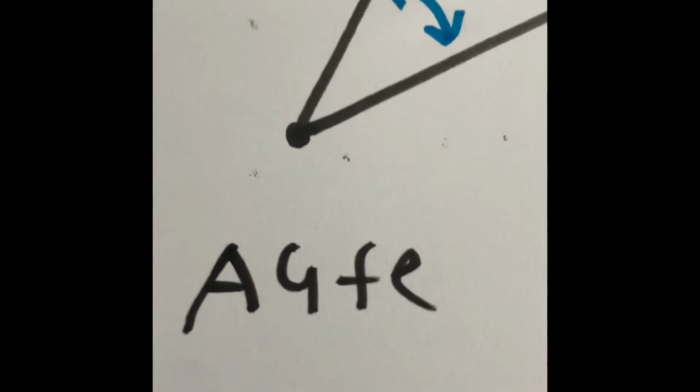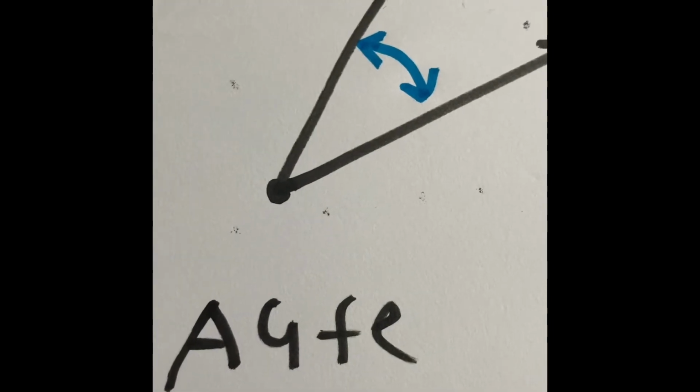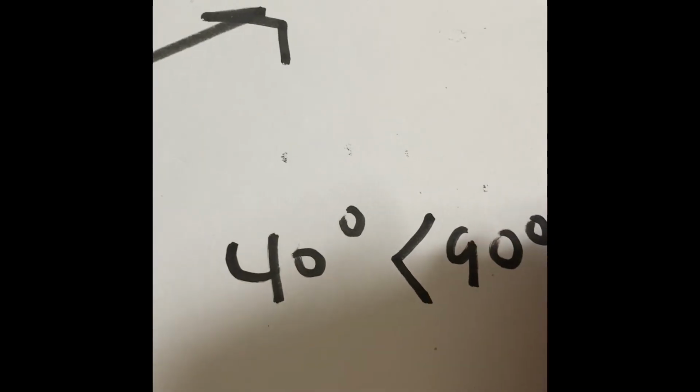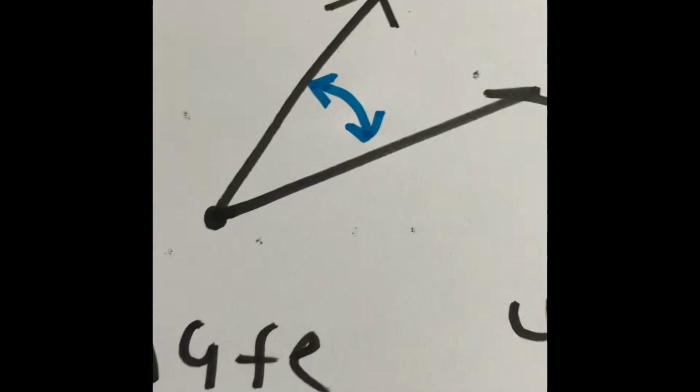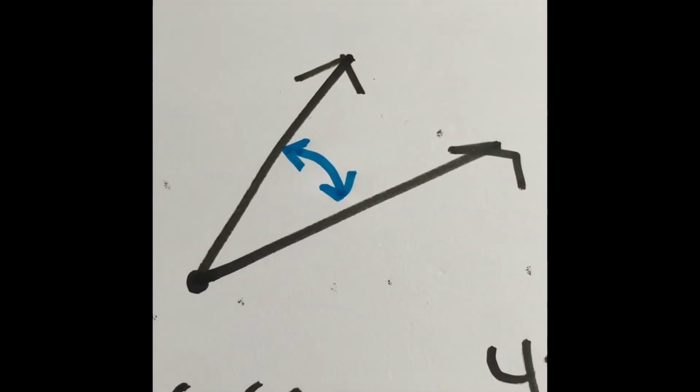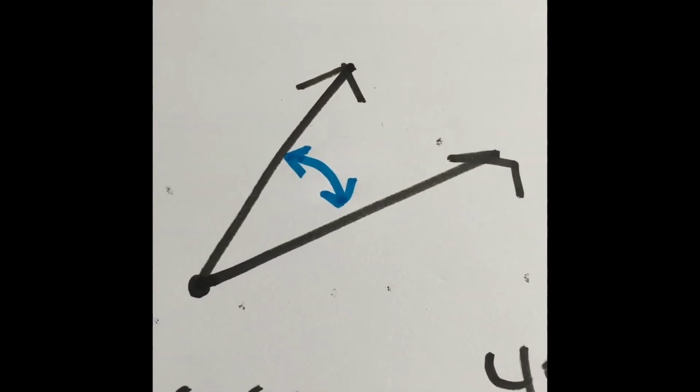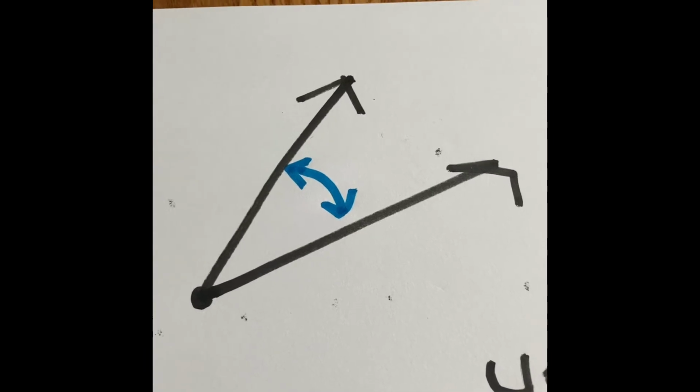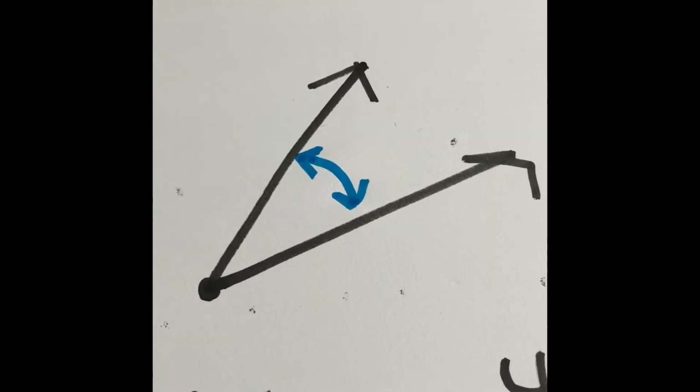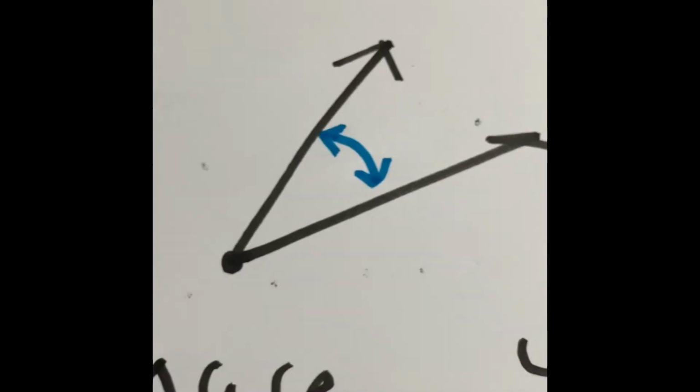An acute angle is an angle that looks like this, and its degree measure is less than 90 degrees. It's acute because it's very cute. So here's an example of an acute angle, smaller than 90 degrees.